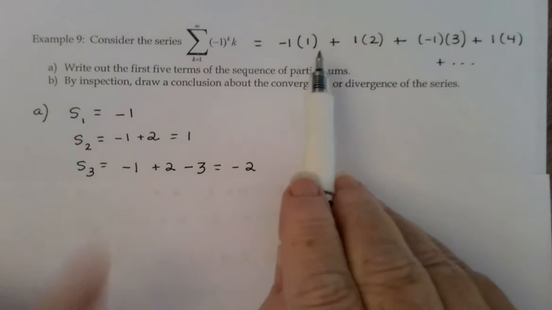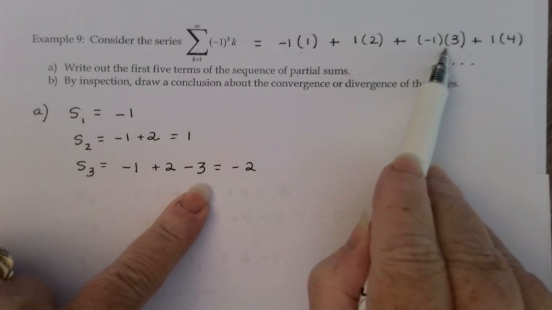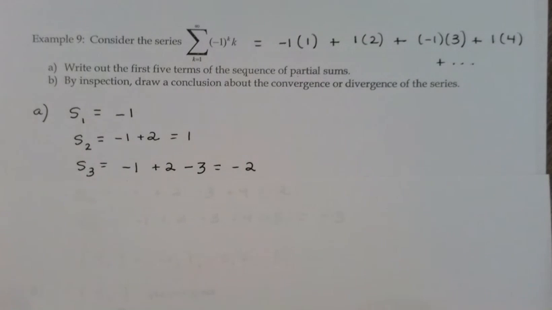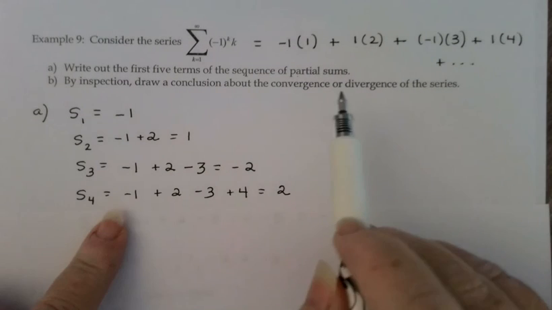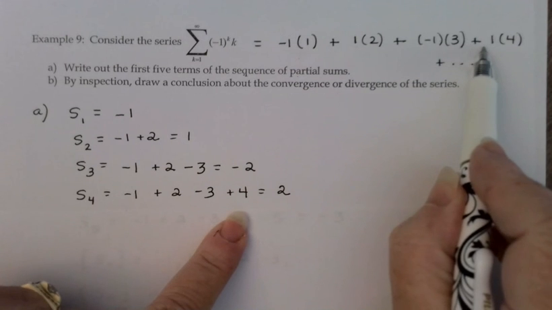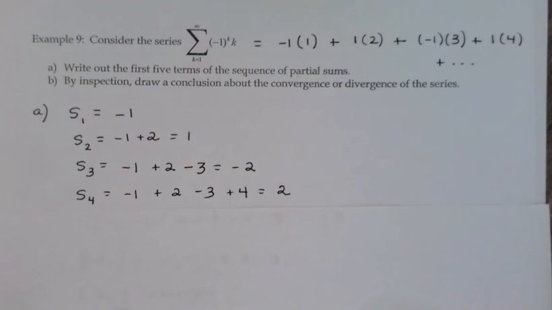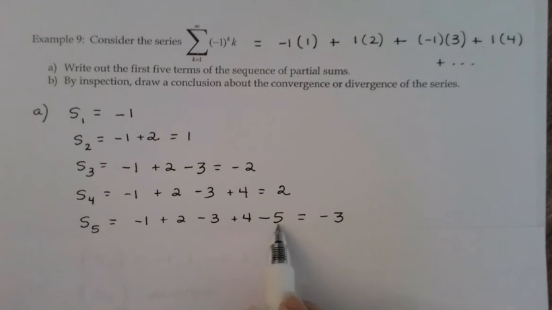Here's S3, -1 plus 2 minus 3 adds up to -2. Here's S4, -1 plus 2 minus 3 plus 4, all adds up to +2. And there's S5, same sum with a -5 added to it, adds up to -3.